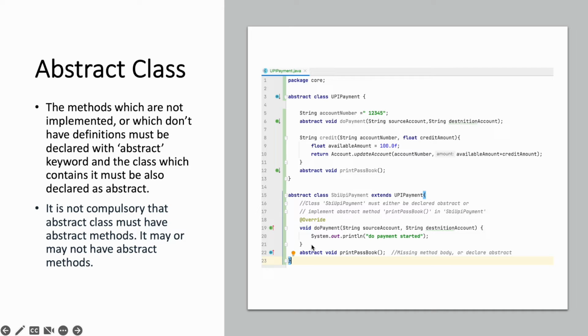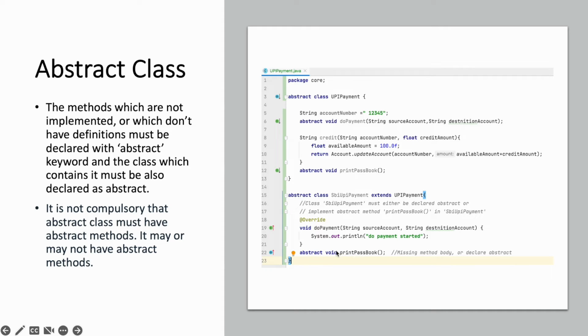In this scenario, for example, if you have not overridden this method and you avoid the abstract keyword here, in line number 22 it will give an error saying missing method body or declare abstract.